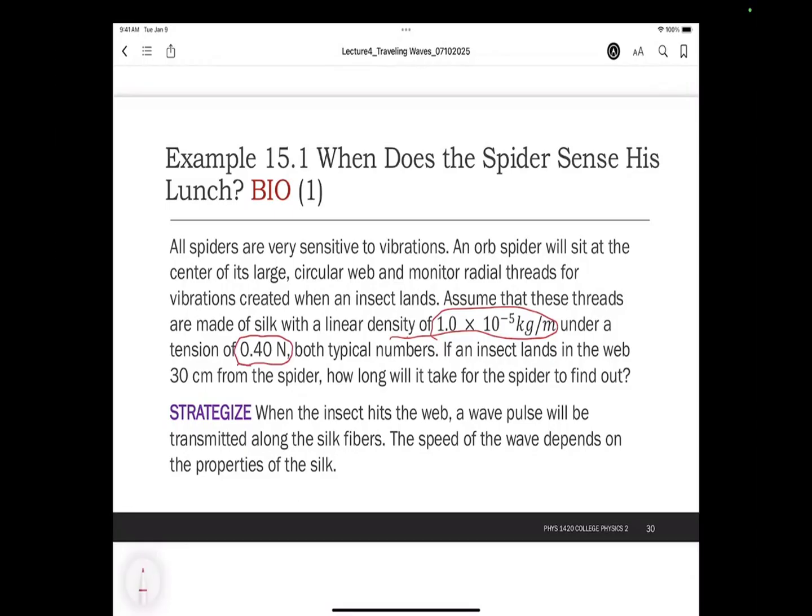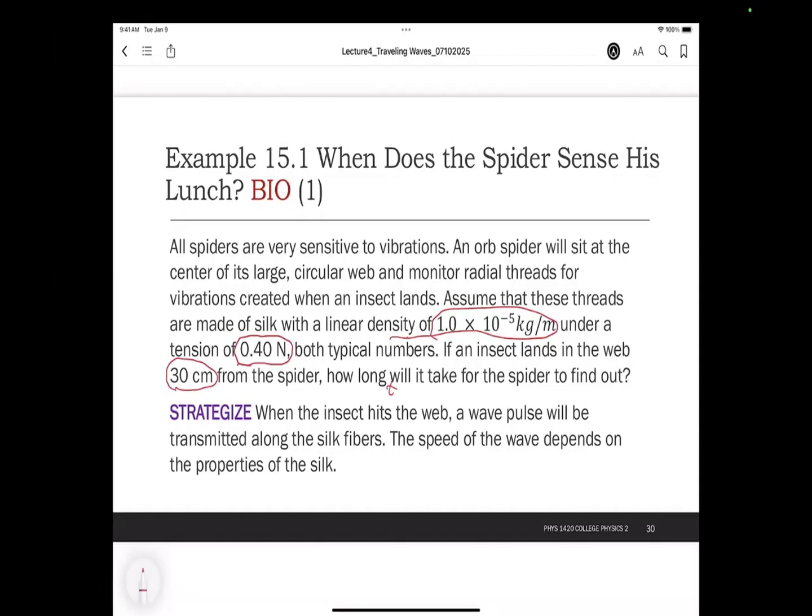If an insect lands in the web 3 centimeters from the spider, how long would it take for the spider to find out? It just asks you to calculate the time. Am I right?